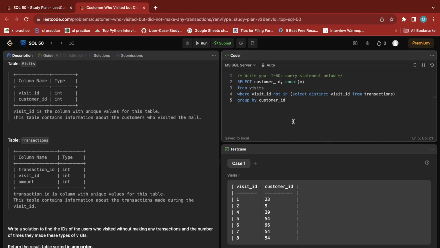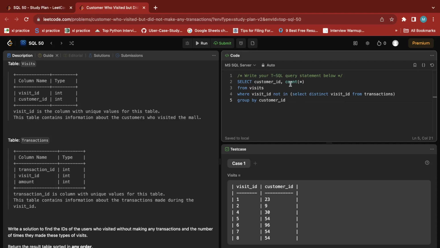Suppose we had to find maybe there was some another column, maybe the age of the customer, and we have to find the average age of the customers who do not buy anything.